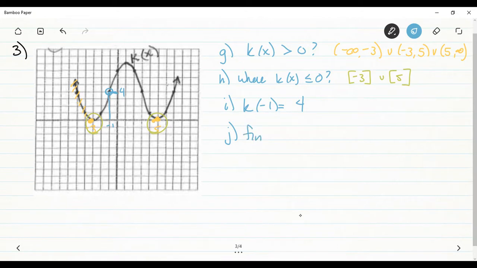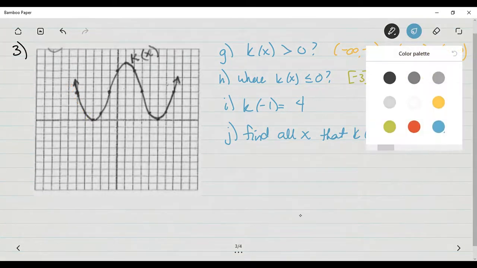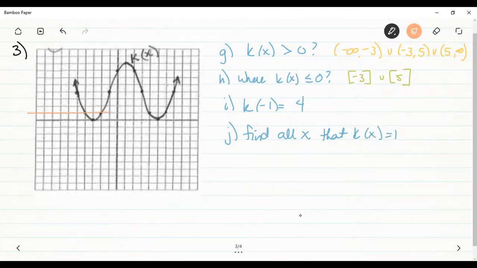Part J, we want to find all x such that k of x is equal to 1. As we've done in the last two examples, we're looking to see where k of x equals 1. We're going to graph a horizontal line across here at 1, and find that we're actually hitting this graph 4 times: 1, 2, 3, and 4.